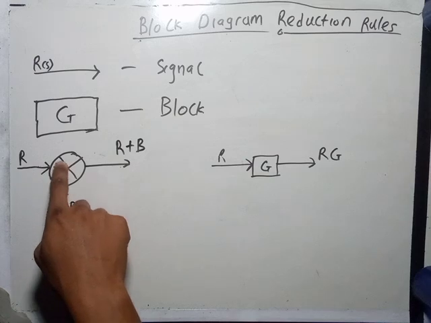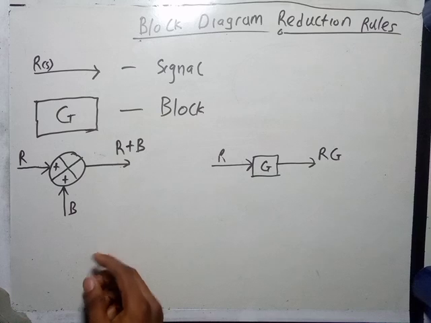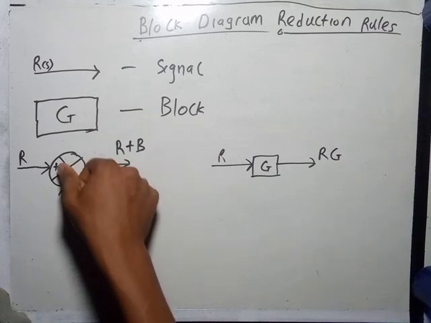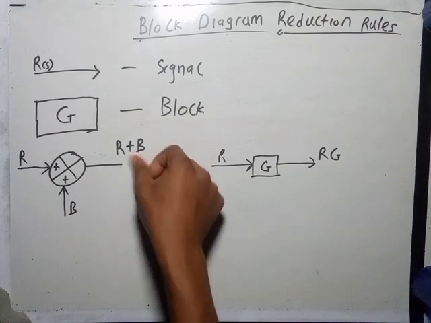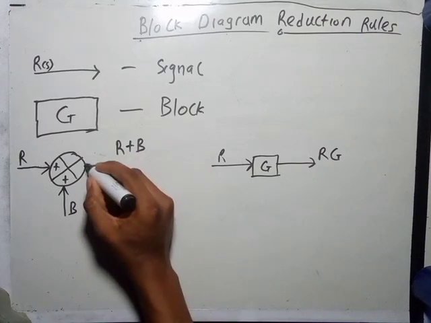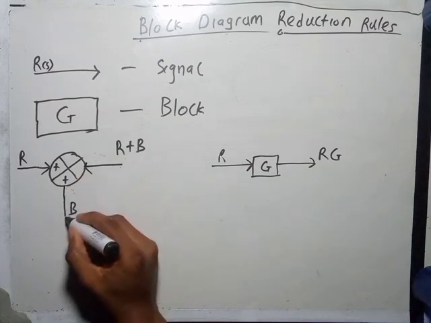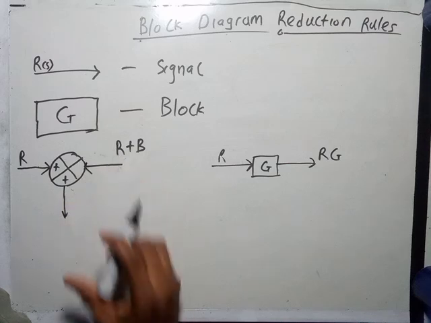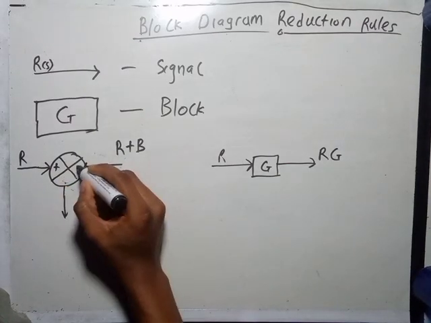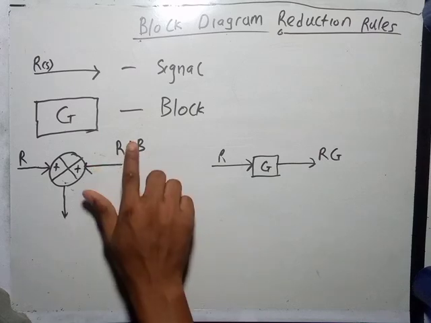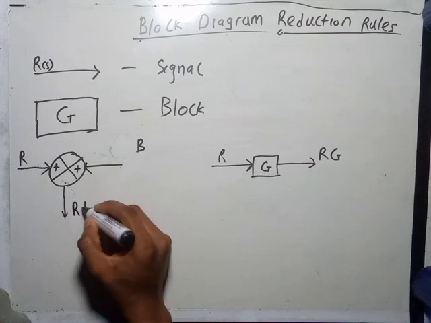This enters here and becomes what? Plus R. This enters here and becomes what? Plus B. So we assign the signs to wherever we see our arrow sign. In case our arrow sign changes to here, then our sign will now be here, making our output here R plus what?